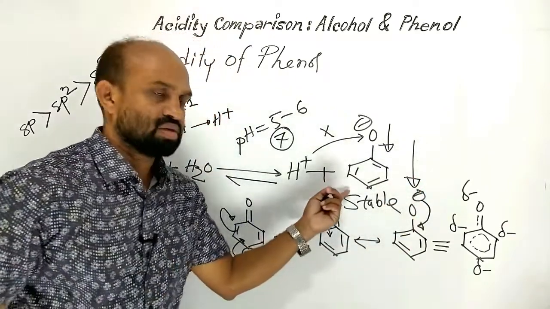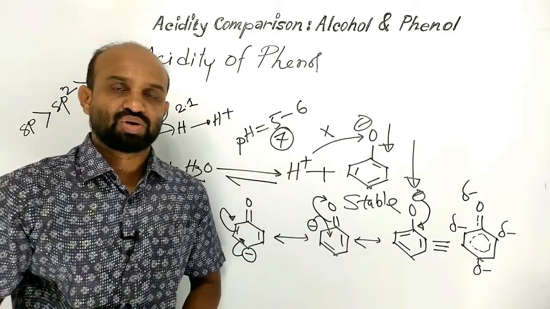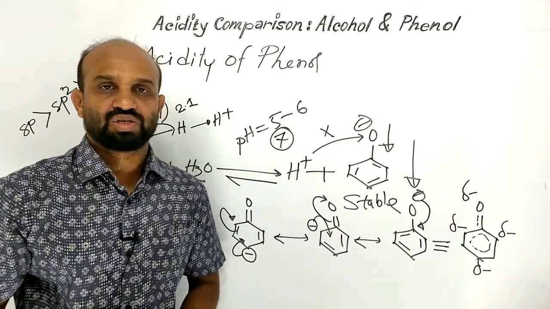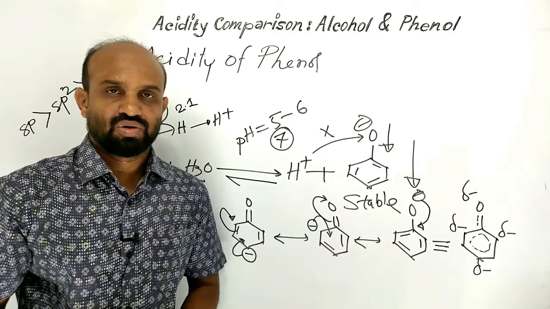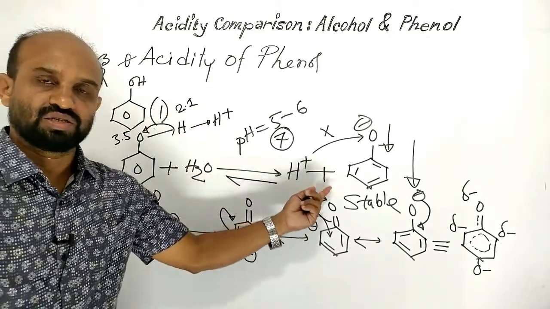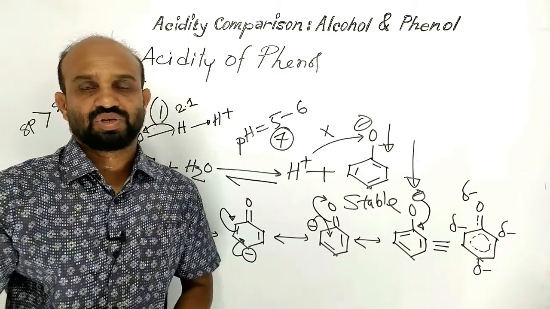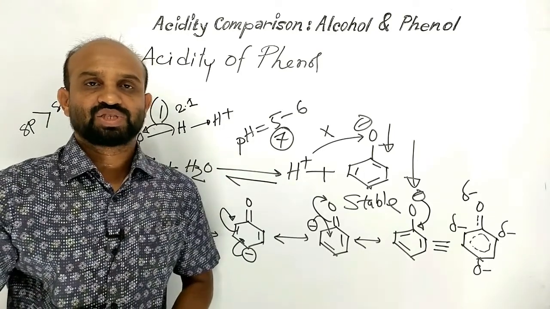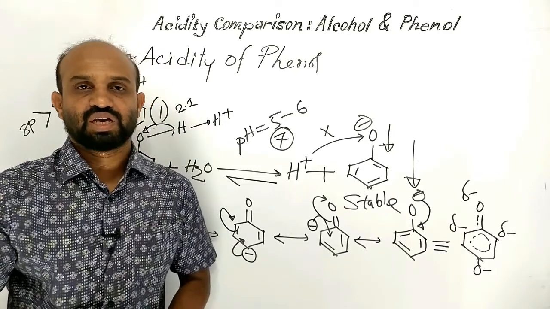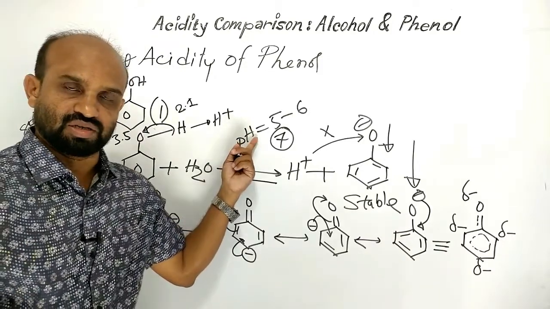That means phenol, after releasing proton, turns into phenoxide ion that becomes stable through resonance structures. So we can say that phenol is acidic in nature, though this is mildly acidic.